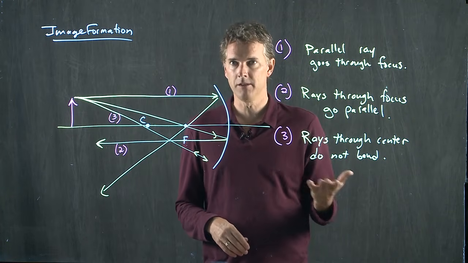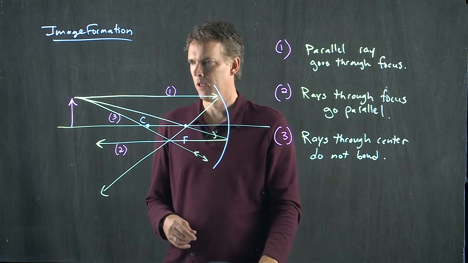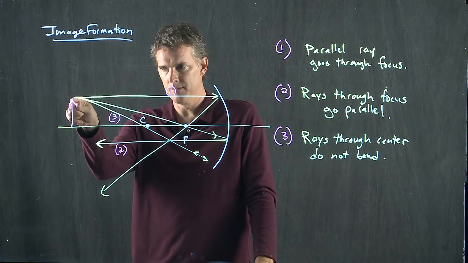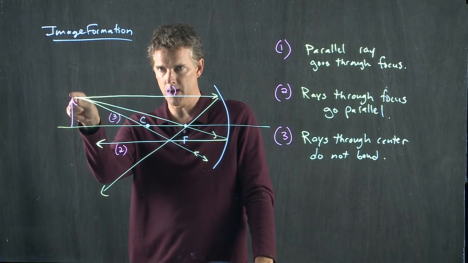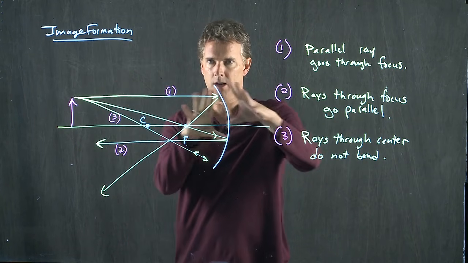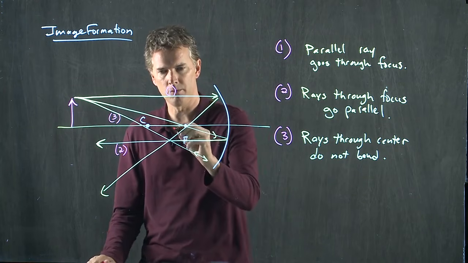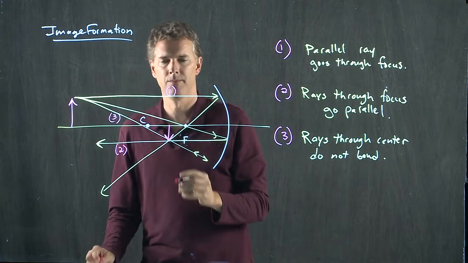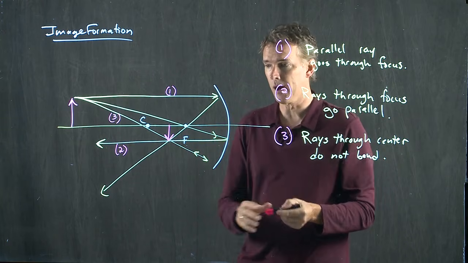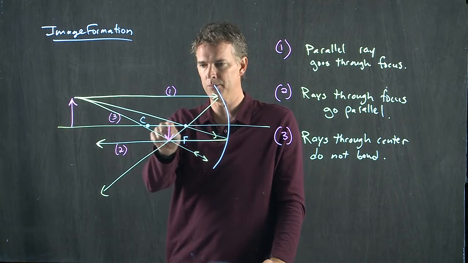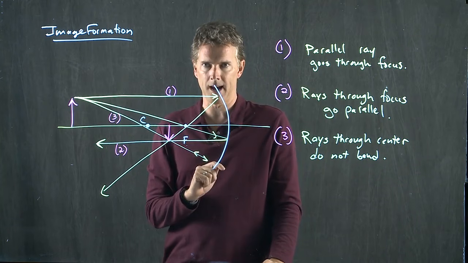So where is the image in this picture? The image is where the rays all meet. They started there at the tip of the object, they went out in all these different directions, and then they came back together right there. So that's where the tip of the object is. The base of the object is on the optic axis.